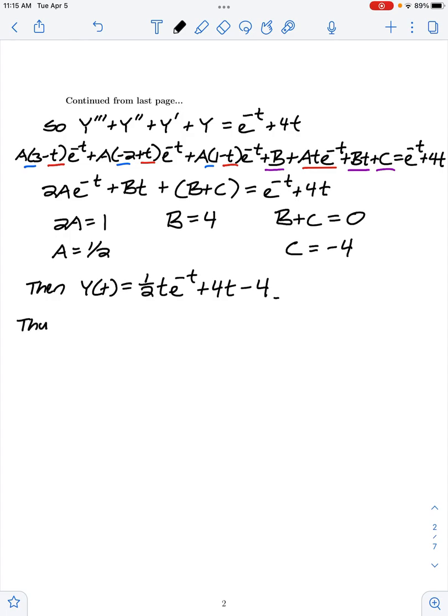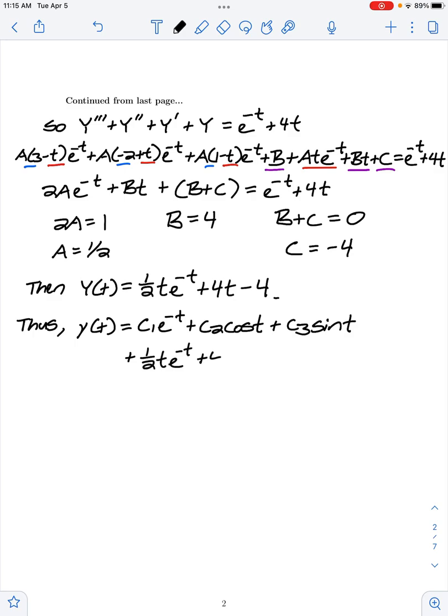And so for our general solution of this non-homogeneous equation, we take the sum of our homogeneous solution, which was c1 e to the negative t plus c2 cosine t plus c3 sine t, and then we add our particular solution, which is 1/2 t e to the negative t plus 4t minus 4.